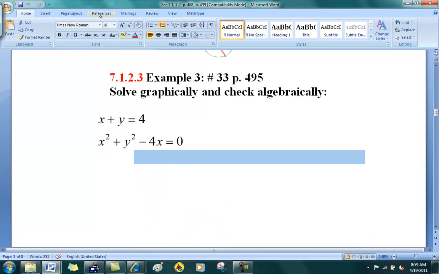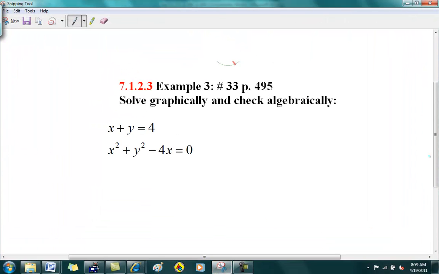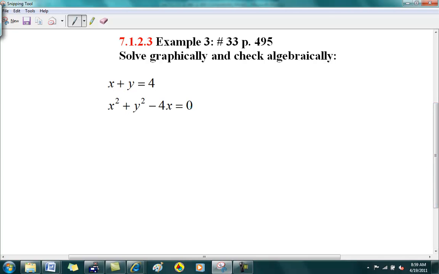And how do we fix that? Let me go snip this. This is going to be a circle, so I need to complete the square. x squared minus 4x, and I'm going to add a 4 to complete the x part as a square, plus y squared, and I need to add a 4 on the other side, which gives me (x minus 2) squared plus y squared equals 4.